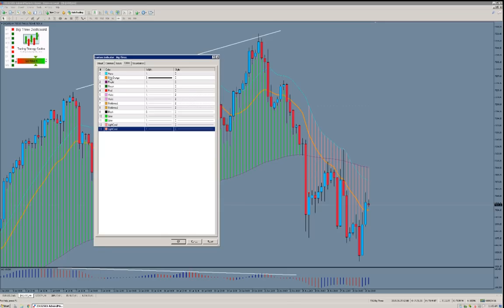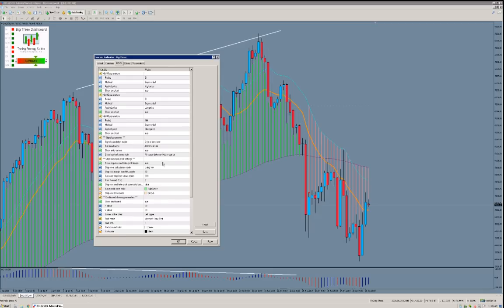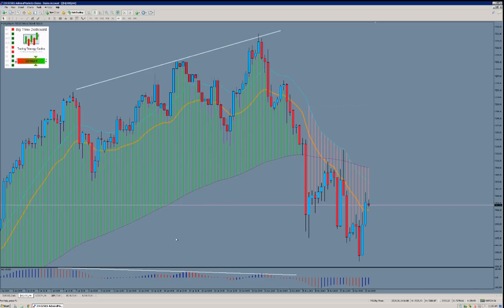Let me just check what that line is doing, because the 21 EMA, true, true, true.